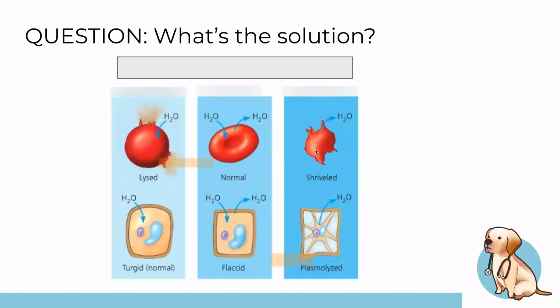So here's a quick question. What is the solution? Is it hypertonic, hypotonic, or isotonic in each of the diagrams? I'll give you a few seconds to think about that.